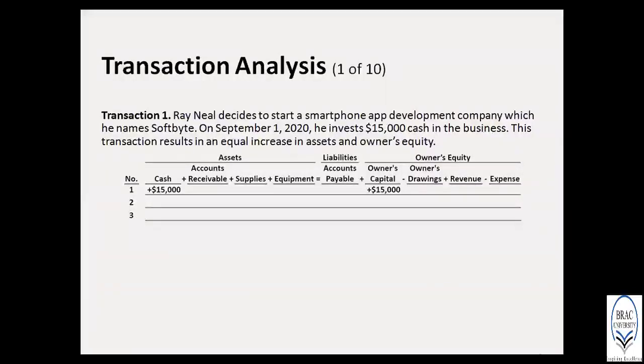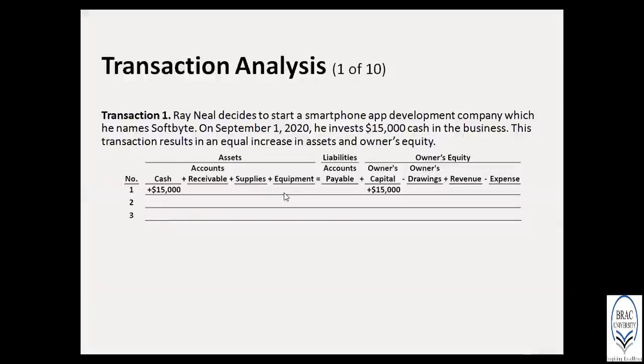So Rainil just started a company called Softbyte. He invested $15,000 cash in the business. So the cash account of the company has increased by $15,000, which we can see here in the accounting equation.